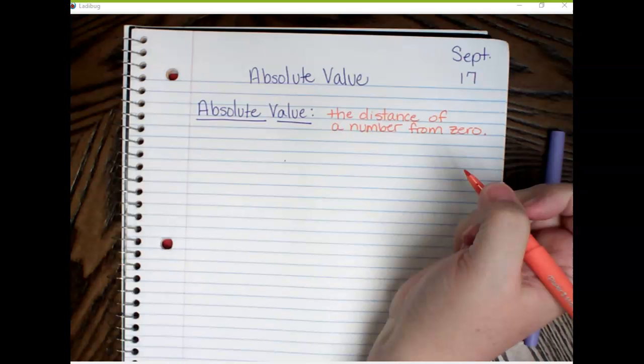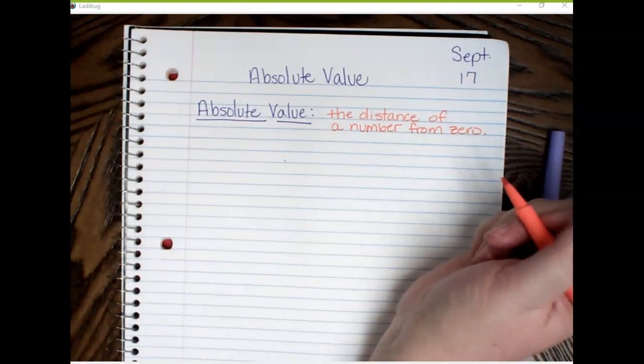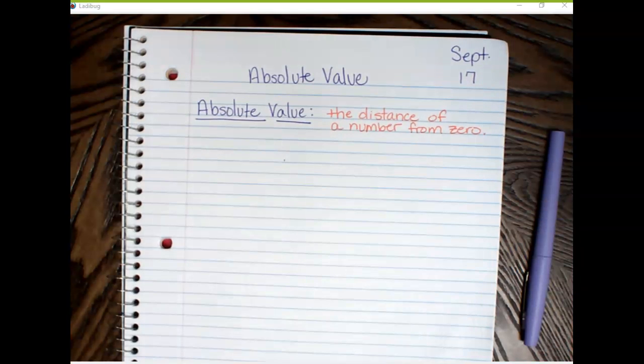Distance is measured in positive values. Okay? Distance is measured in positive values because think about when you're driving in a car. You've probably heard directions like north, south, east, and west. I could drive 5 miles north. I could drive 5 miles south. I could drive 5 miles east or 5 miles west.